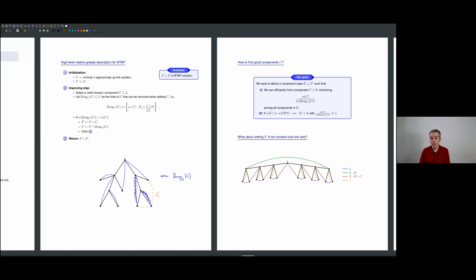People looked at Steiner components with at most constantly many terminals, which is also of that type. Here we could think about constantly many links, or something that covers constantly many leaves would be another option. It would run into the same issue. Let's just go for the simpler one. Let's look at components of a constant number of links.